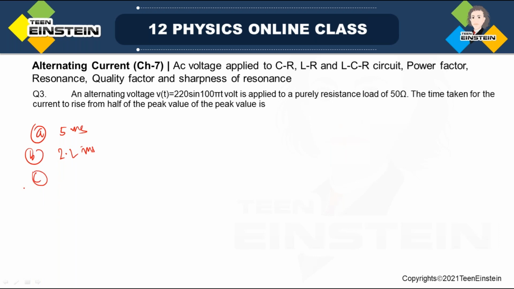Option C is given as 7.2. And option D is 3.3 millisecond.